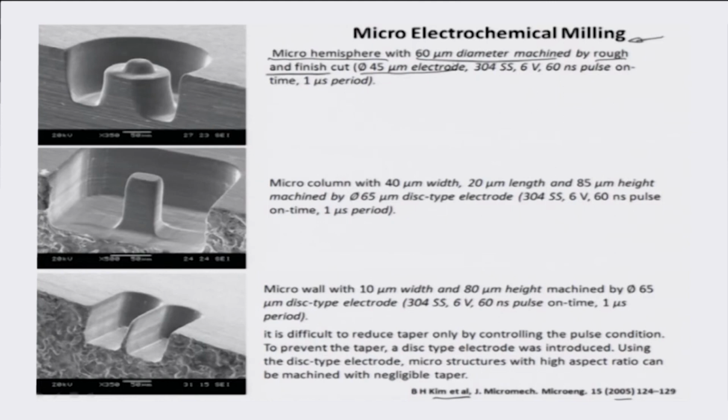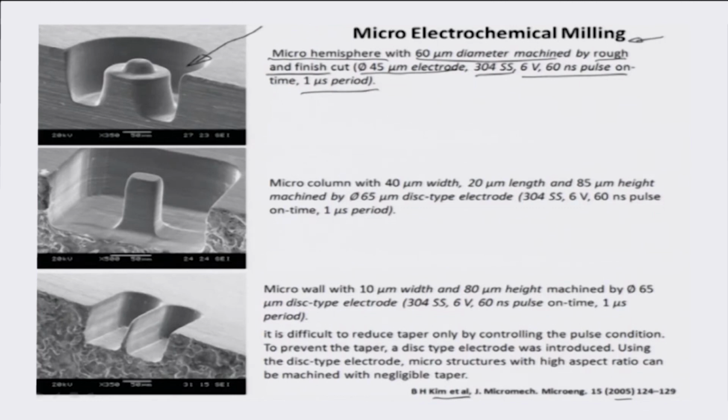It is a wire, and the electrode material is stainless steel 304, and you are basically using a 6 volt, 60 nanosecond pulse on time duration for a 1 microsecond period to achieve this particular feature. Beautiful again, a micro feature illustrated on stainless steel.